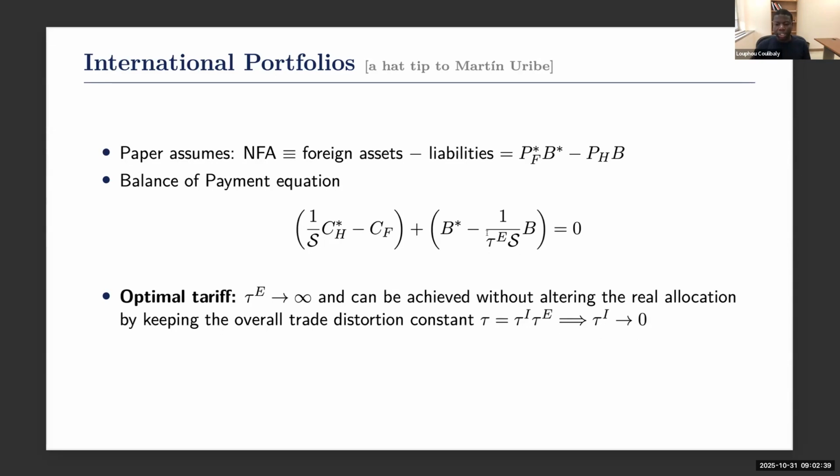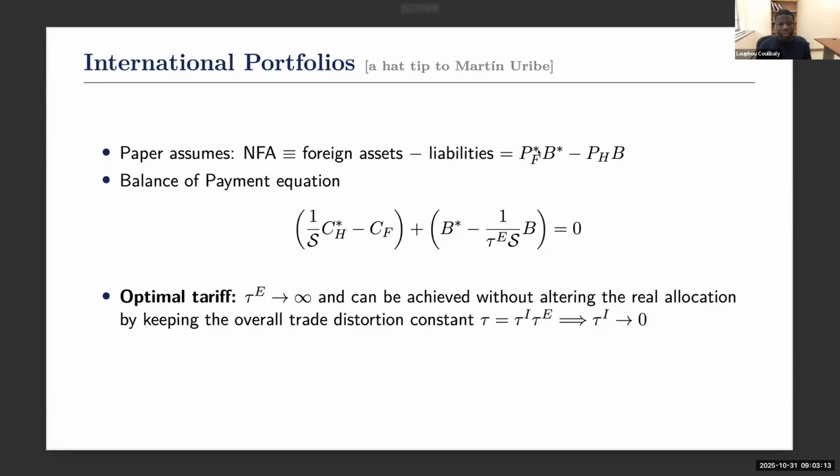So basically, you can inflate away B by having the export tariff going to infinity. And tau I going to zero means that, because this is the gross rate, you want to subsidize a lot, like you have an unbounded subsidy when it comes to imports. And this is true as long as you maintain this assumption that for the foreign asset, the price is in foreign currency. So that's something that Martin pointed out last week.